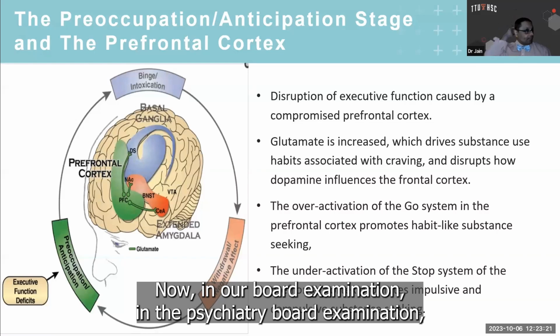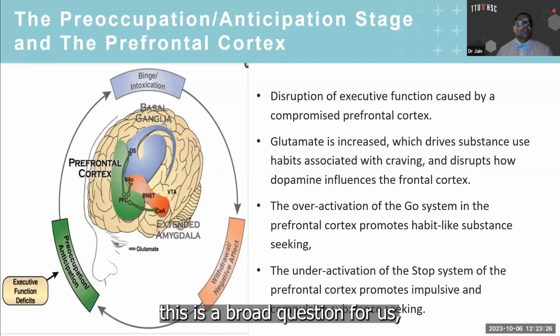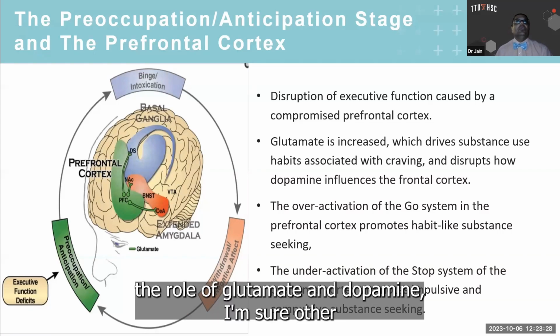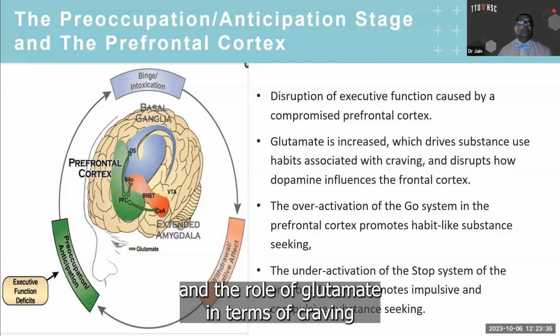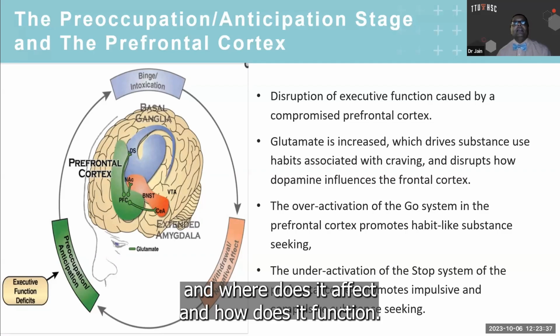Now, in a psychiatry board examination, this is a board question for us: the role of glutamate and dopamine. I'm sure other specialties ask this topic also, the role of dopamine and the role of glutamate in terms of craving, and where does it affect and how does it function.